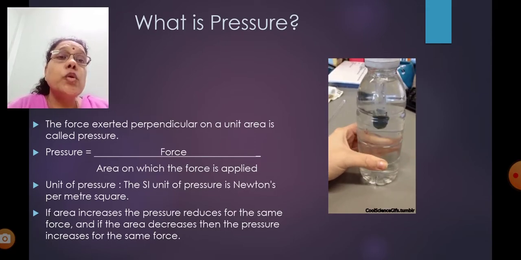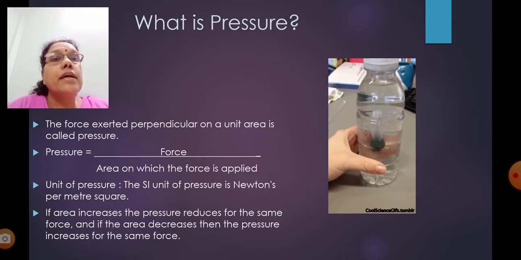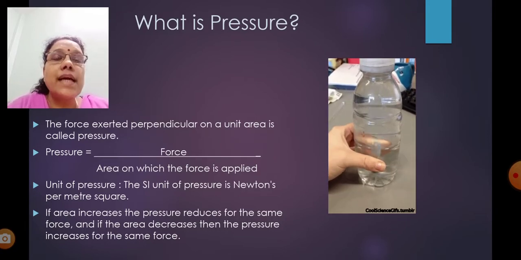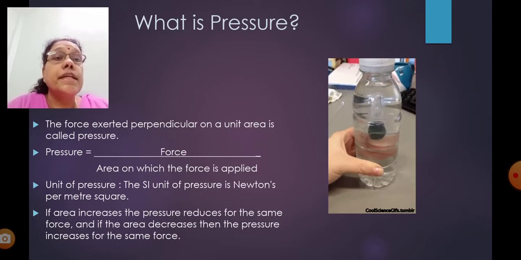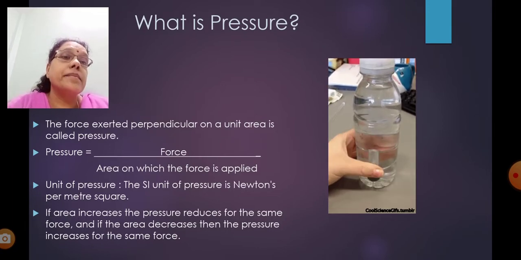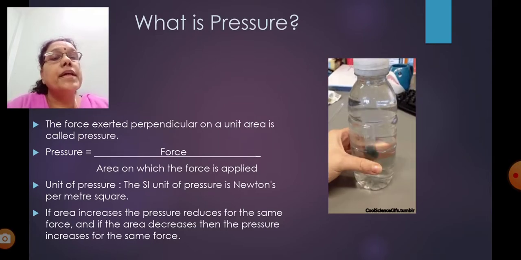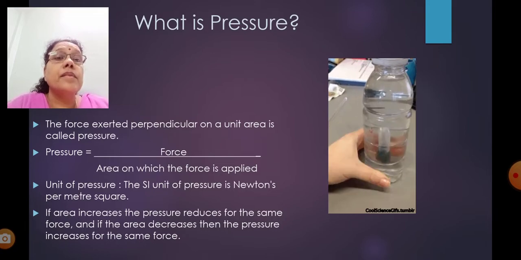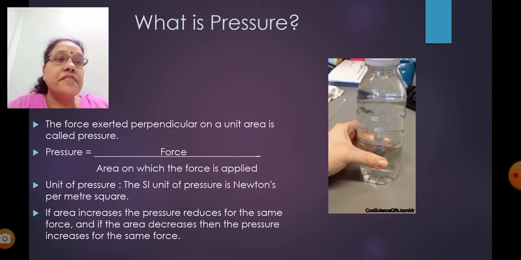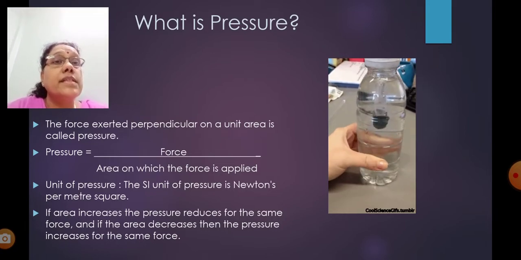Instead, if you are using a hammer and if you strike on the top of the pin, it will go inside. Here you can find out the pressure difference. The force applied is same, but the area is different. That's about pressure.